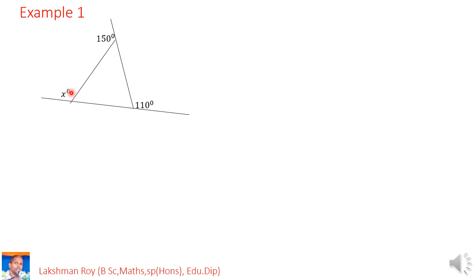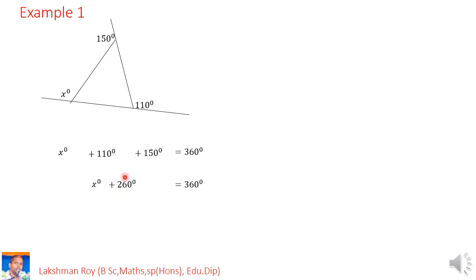The sum of these three angles is 360 degrees. Right. So write the sum: x degrees plus 110 degrees plus 150 degrees should be equal to 360 degrees. Now you can see, student, these two angles we can add. That means 110 plus 150 is 260 degrees, so x plus 260 is equal to 360 degrees.